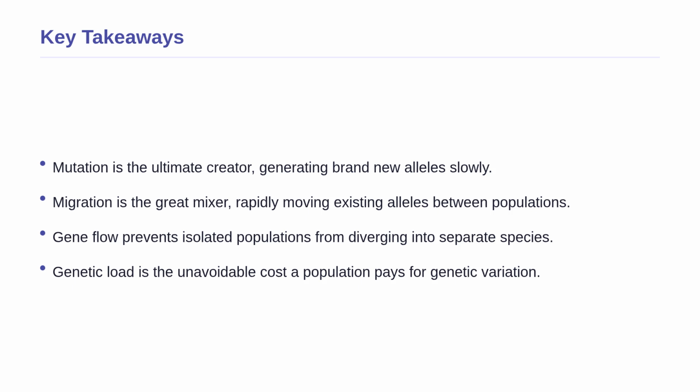It rapidly moves existing alleles between populations, preventing them from diverging into separate species. Finally, we learned about genetic load, which reminds us that evolution is never perfect. The constant introduction of mutations creates an unavoidable cost. You now have a solid understanding of how migration and mutation shape the incredible diversity of life.